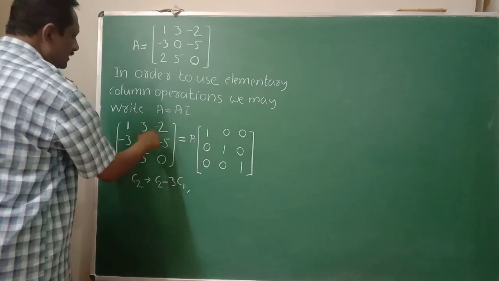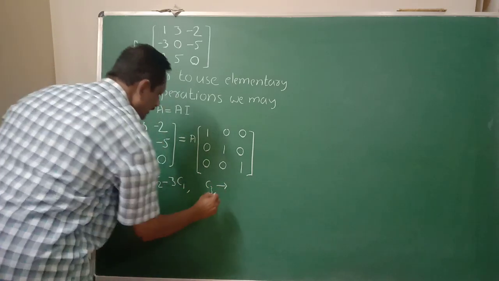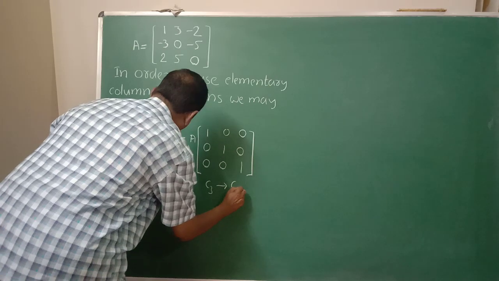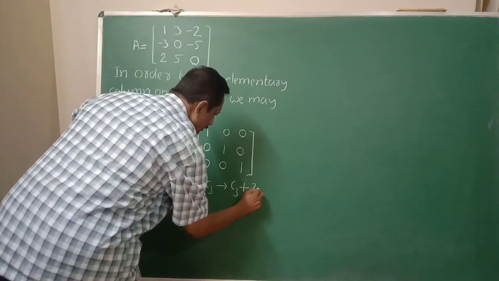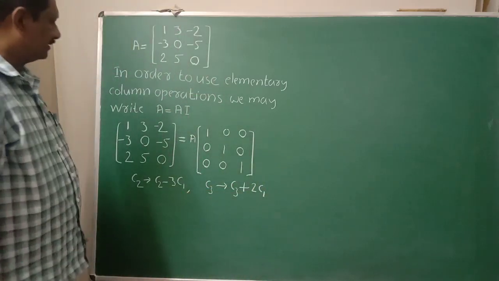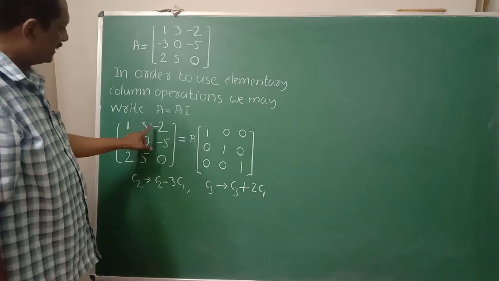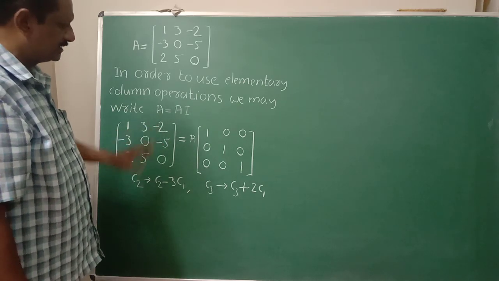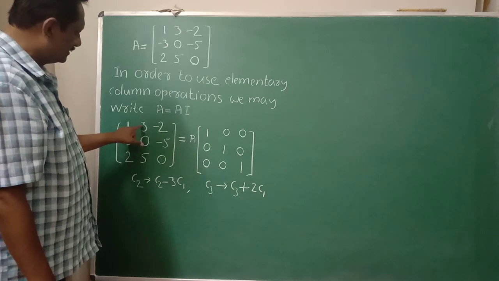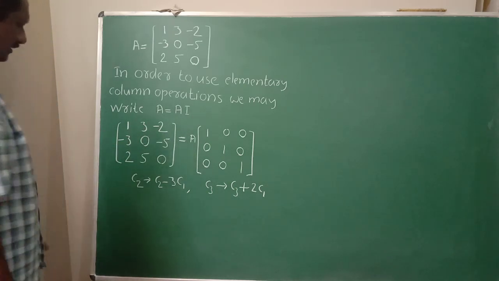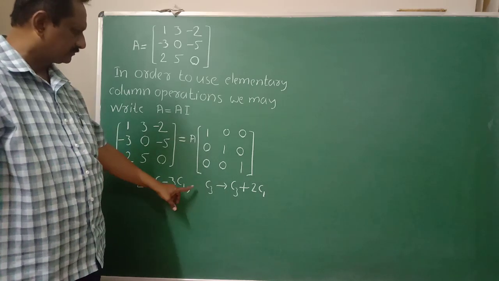Then the third column: C3 implies C3 plus 2 into C1. Okay, because minus is already there, so just multiply by 2 and add it here. Then this term becomes 0. And here multiply by 3 and subtract, then this becomes 0. Therefore, the second and third columns change.